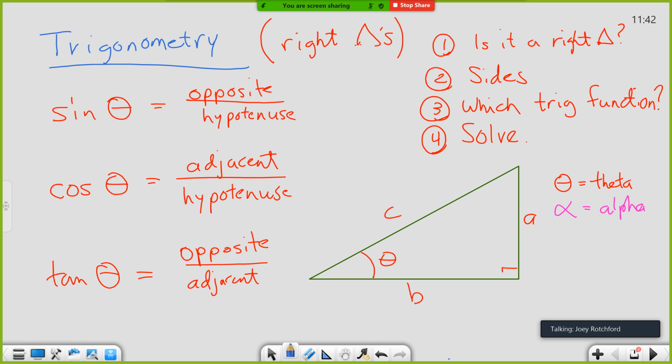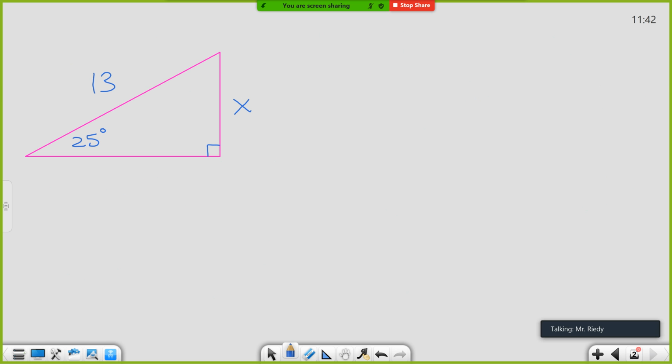Sine. Good. Is that how you say it? Yep, that's correct. If we go back to this picture, the sine is the opposite over hypotenuse. Very good. We can also look at step 3, which trig function? We got the sine. So we set up an equation. The sine of the angle, 25 degrees, is equal to x, the opposite side, over the hypotenuse, 13.